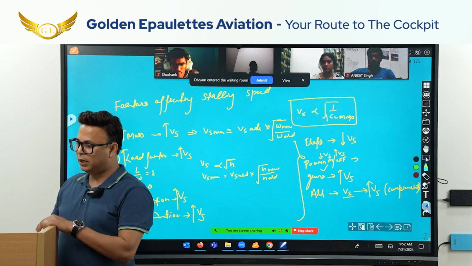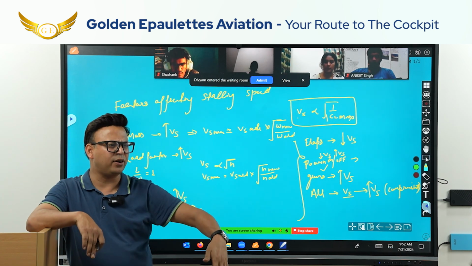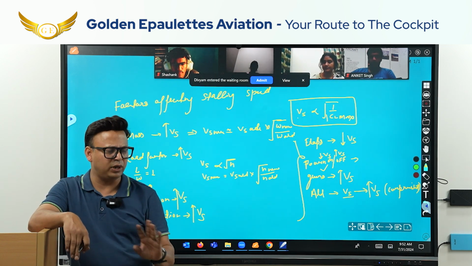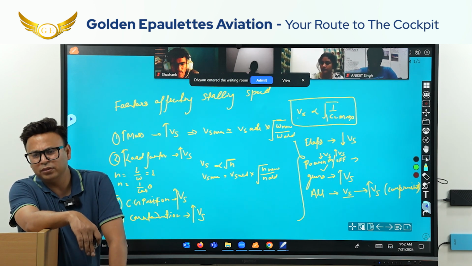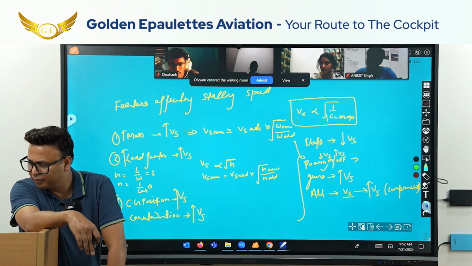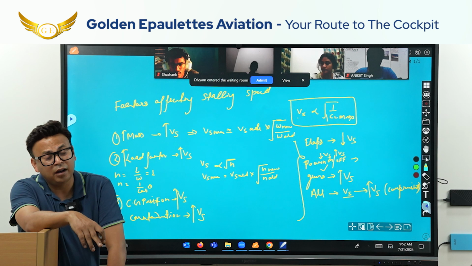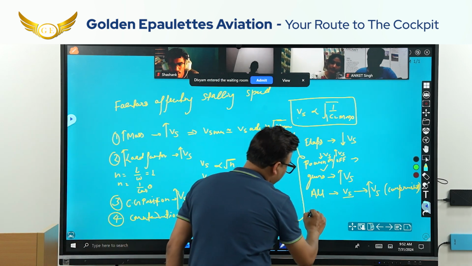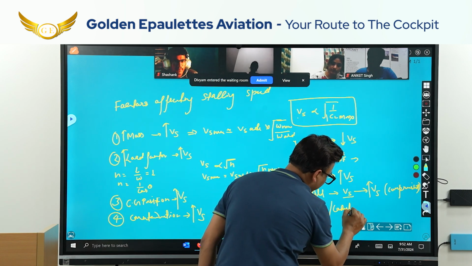हाँ, next आपका rain. Again, rain, frost, ice, they are all contamination. So any kind of contamination will increase your stalling speed. Apart from that, is anything left out? हाँ, area, camber, thickness.